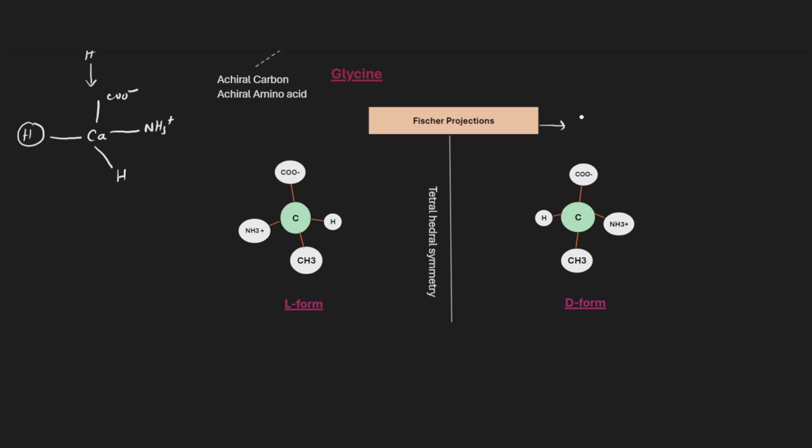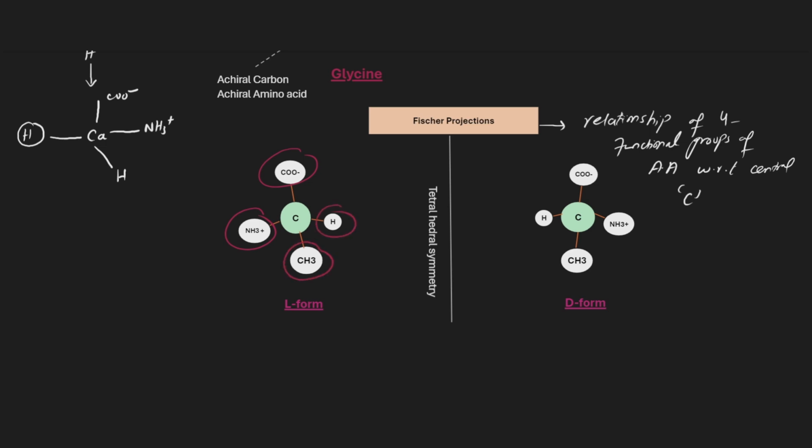Because Fischer projections help to highlight the relationship of the 4 functional groups of amino acids with respect to the central carbon. So Fischer projections just explain the relationship of these 4 groups, carboxylic group, amino group, R group, and the hydrogen atom, with respect to this central carbon.